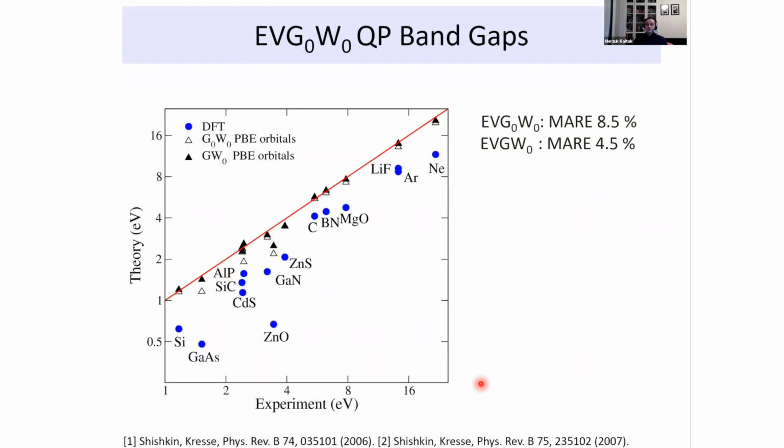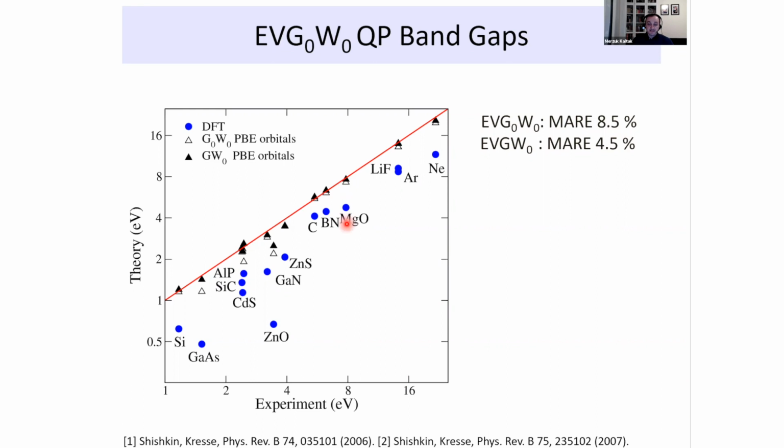Okay, and when you do that, you hopefully end up with something that looks like this plot. So here we have a comparison of EVGW0 band gaps with the experiment. The values are plotted such that points closest to this red line represent the best agreement with experiment.